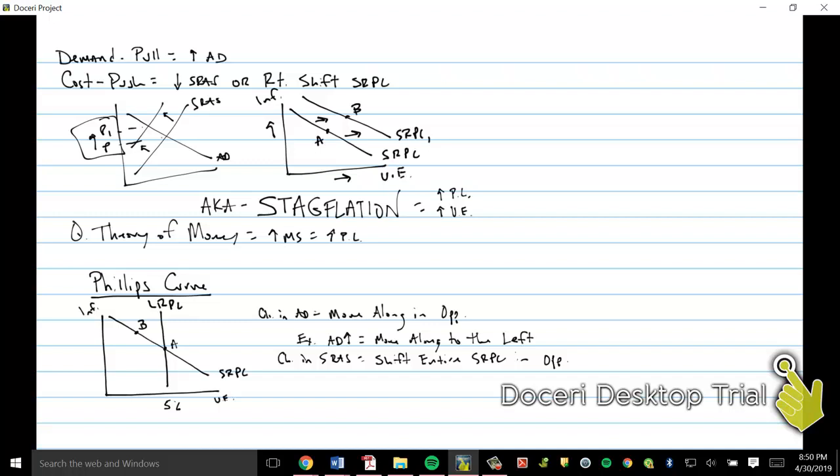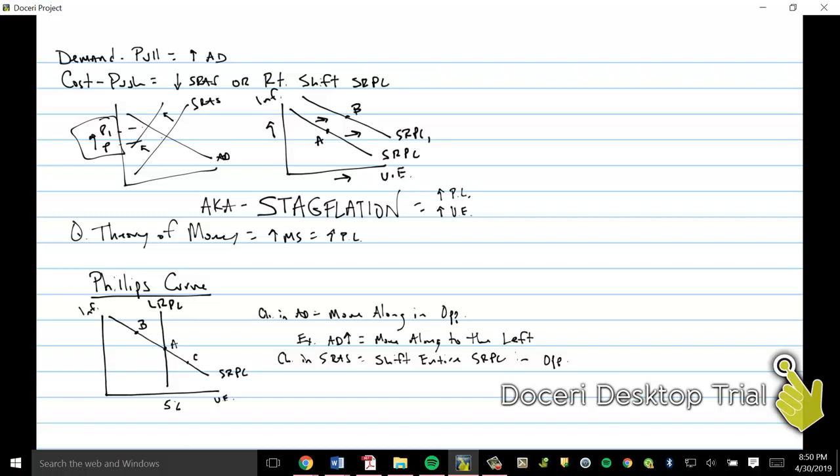So A, we're at long run. B, we have an inflationary gap. And C is a recessionary gap. And like that. Got it.